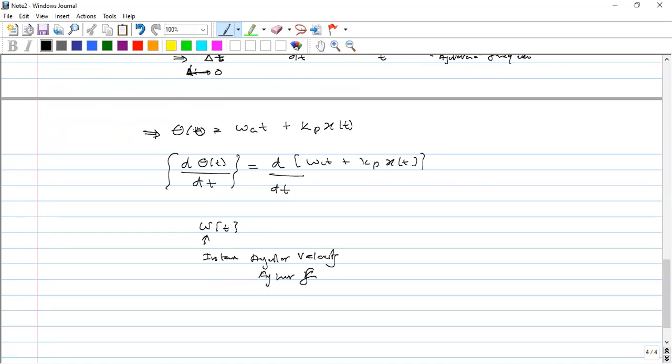So omega(t), the angular frequency, is equal to the instantaneous angular frequency. So you can find the angular frequency at any instant using this.